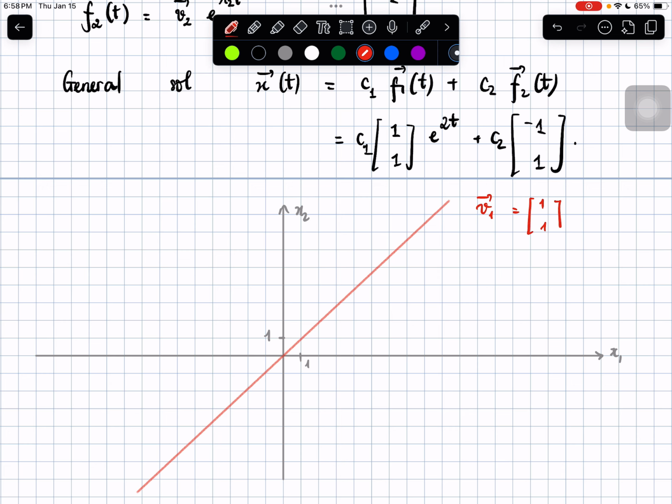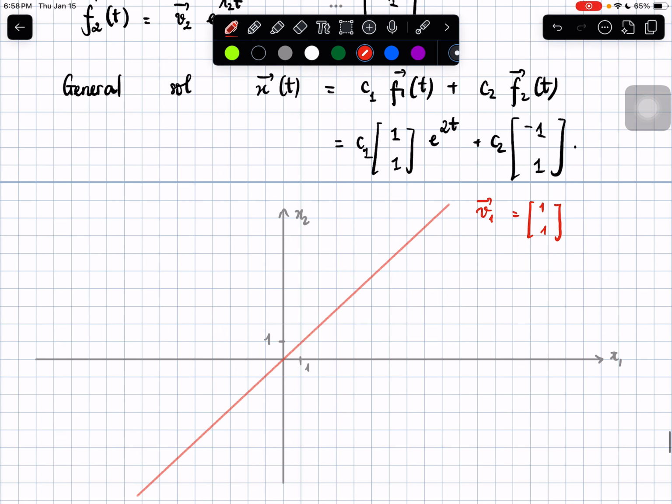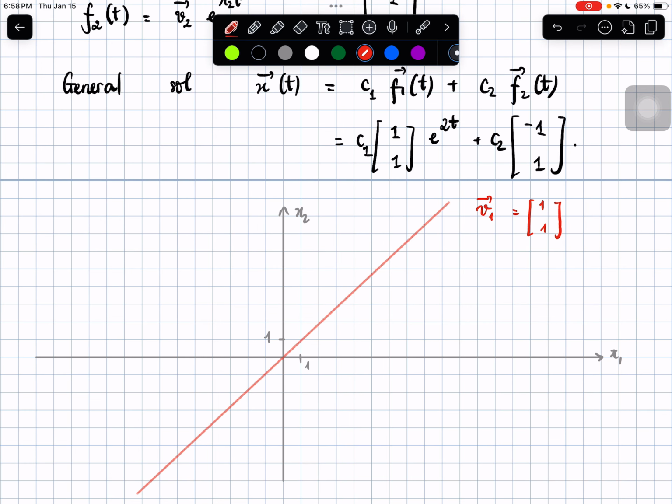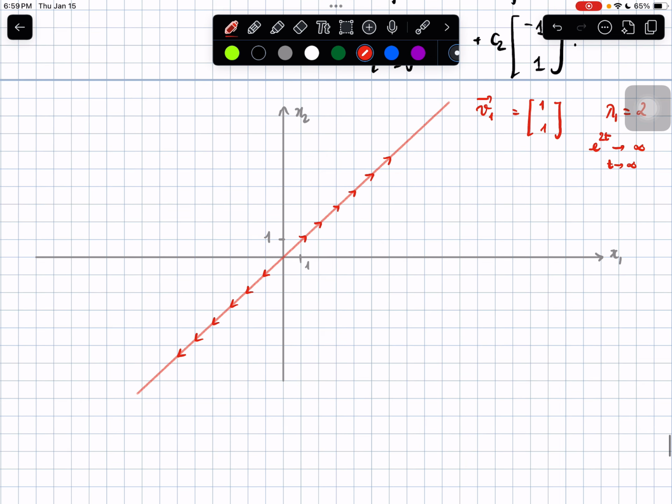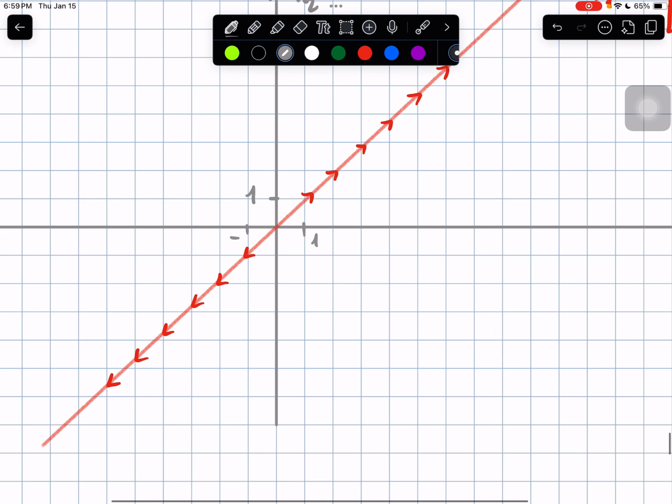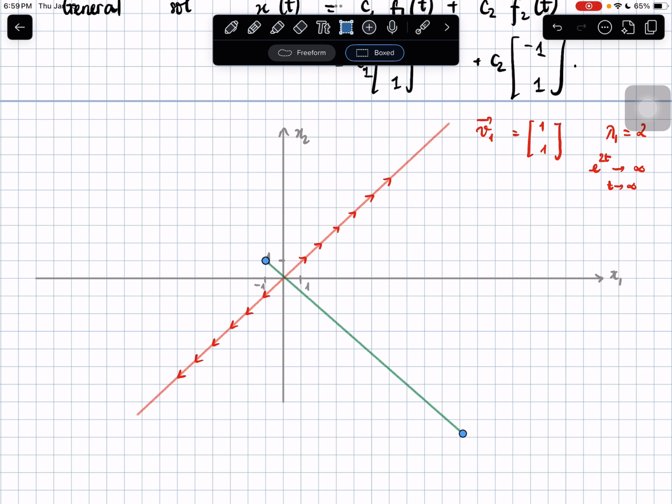Along V1 solutions go off to infinity, because lambda 1 is positive and e to the 2t tends to infinity. The other vector is (minus 1, 1), v2. Now you extend it to get the eigenspace.